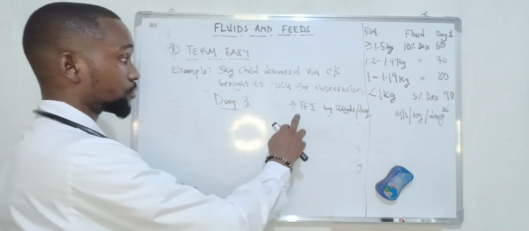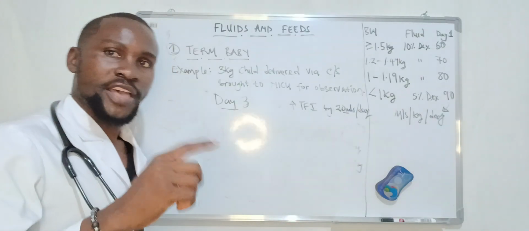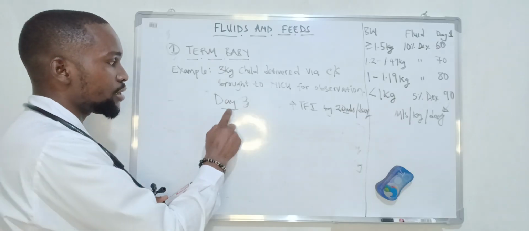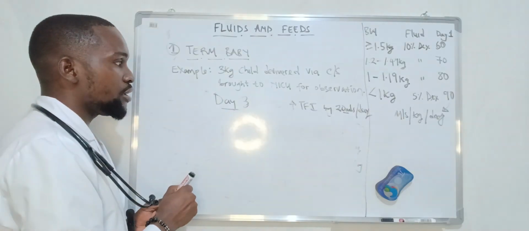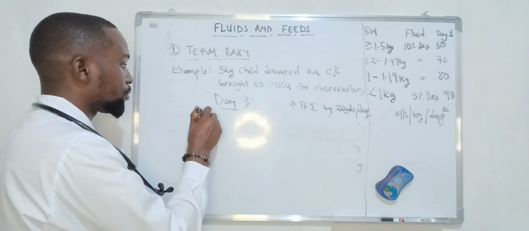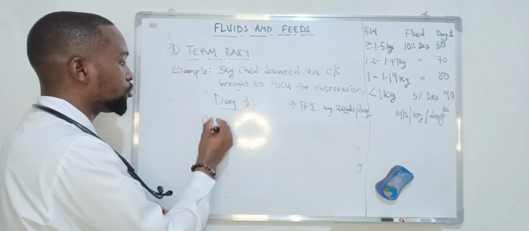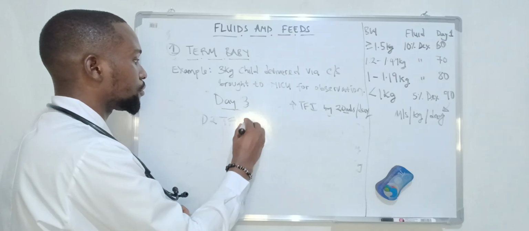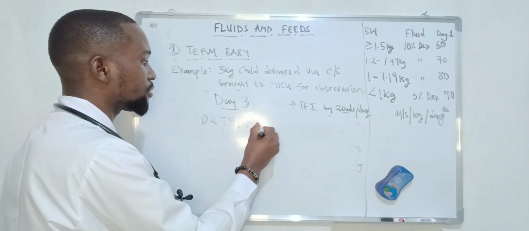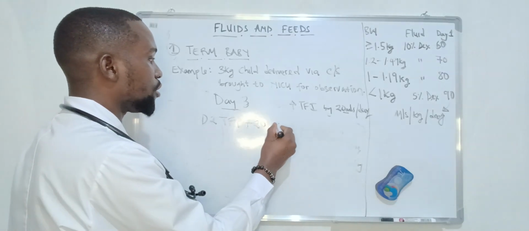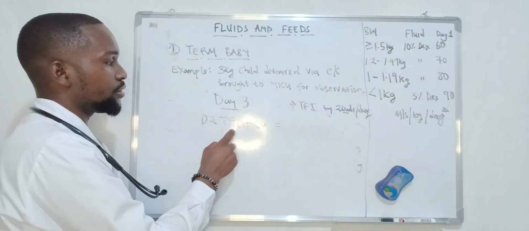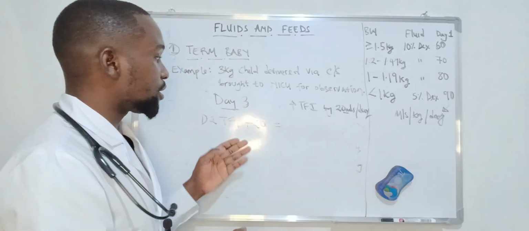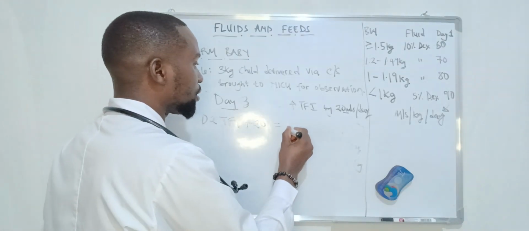Which means our day 3 TFI is going to be equal to day 2 TFI plus 20. Our day 2 TFI was 80, right? So it's 80 plus 20, which is 100.